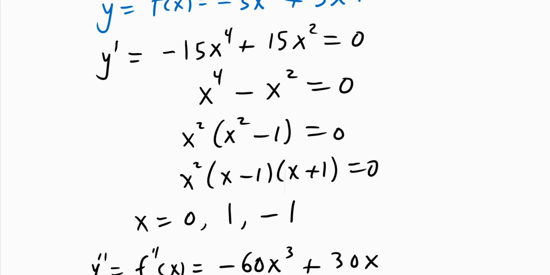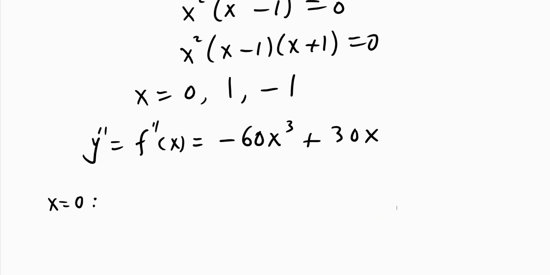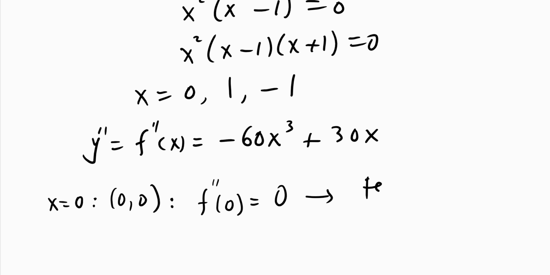So I'm going to evaluate when x is 0. If we substitute this back into the original function, you get 0, 0. And at that point, the second derivative, if you substitute into this line right above it, that's going to be 0. So in this case, the second derivative test fails to work.